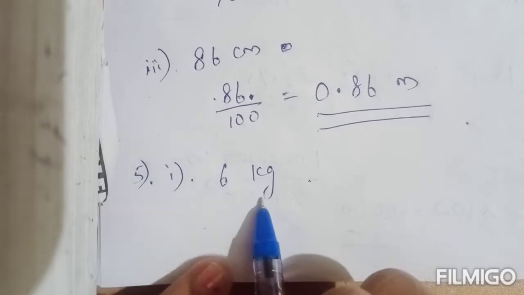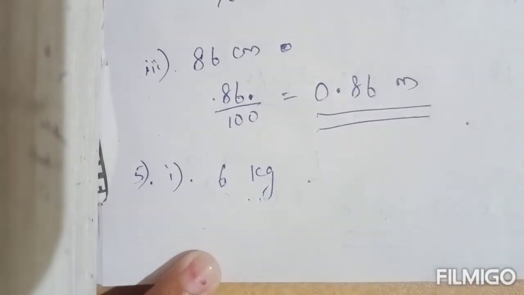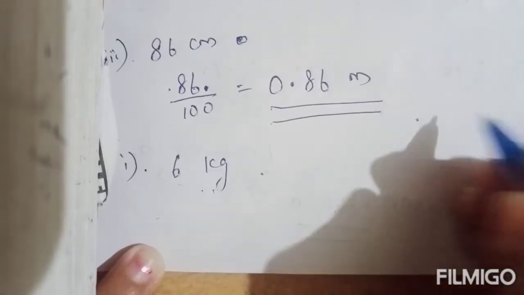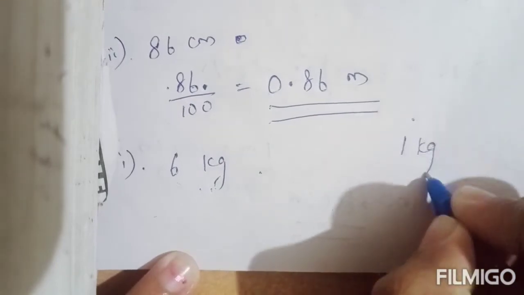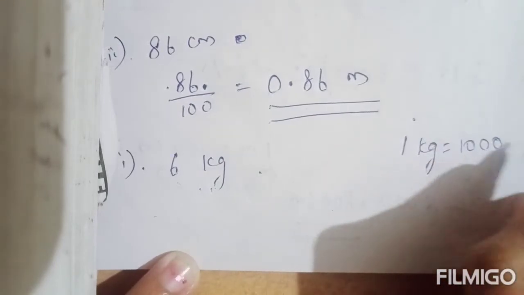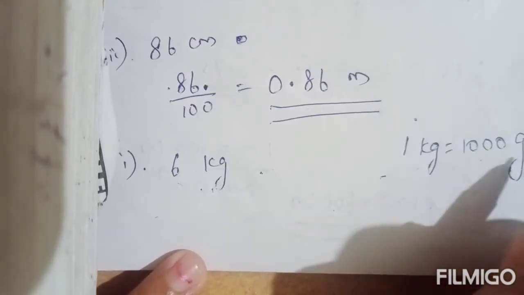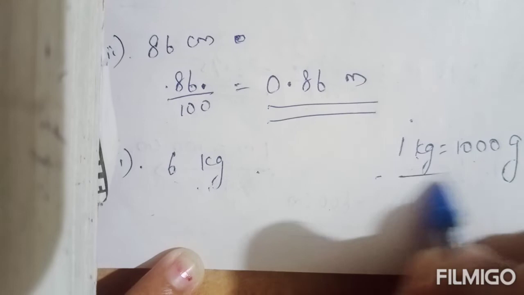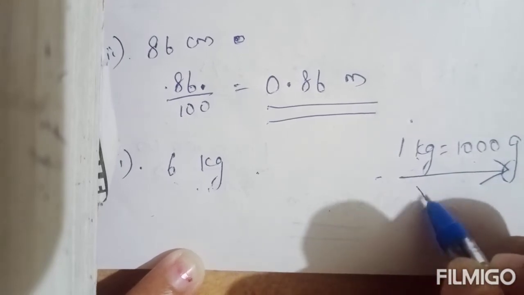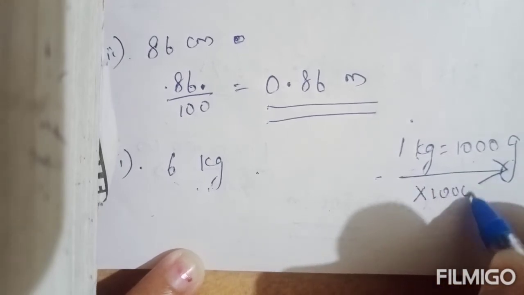First one, 6 kilogram. Kilogram you have to express in gram. We know the relation, 1 kilogram equals 1000 gram. Okay, 1 kilogram is 1000 gram.